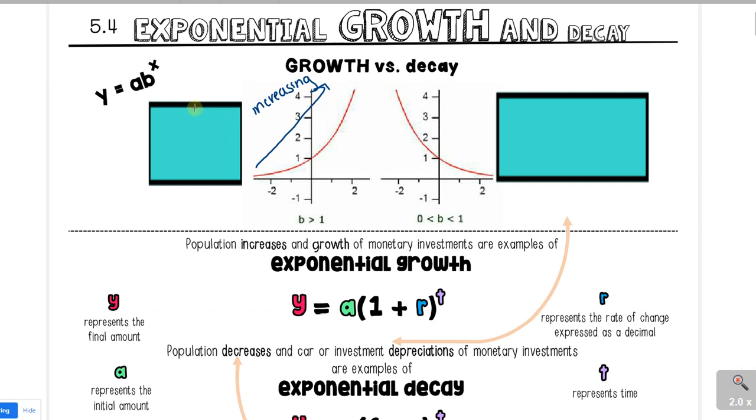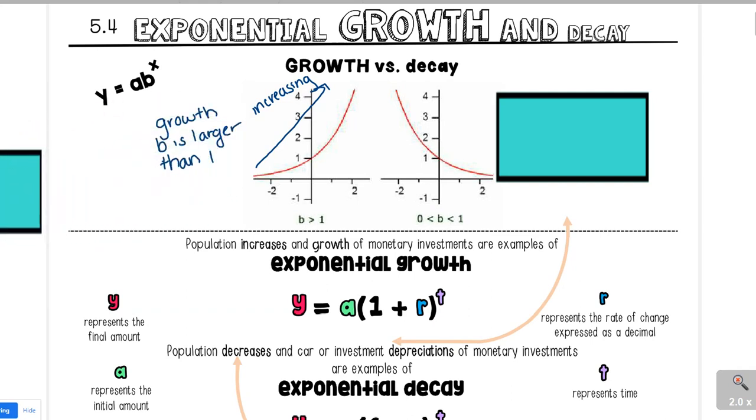So if you're looking at a formula, if b is larger than 1, so your rate here, your ratio, is larger than 1, then it is a growth. Now, this graph here is decreasing.